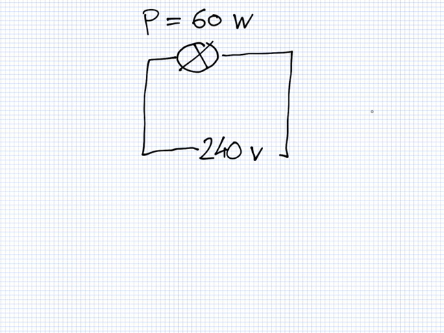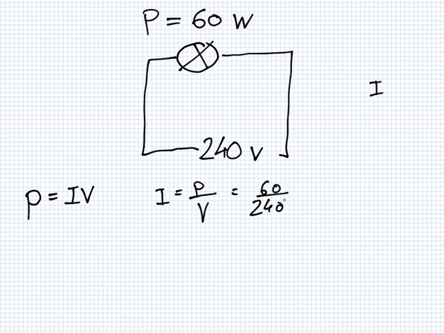I would like to know what the I is. So I can say power equals IV. So then what does I equal? Well, that's power over V. So that would be 60 over 240, which is a quarter, 0.25 amps.